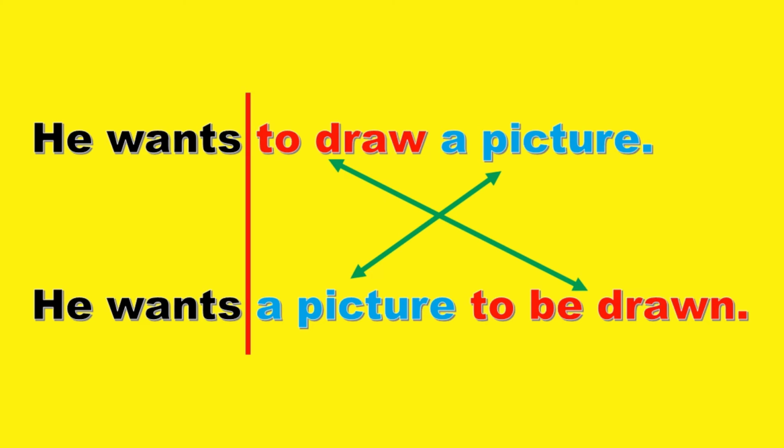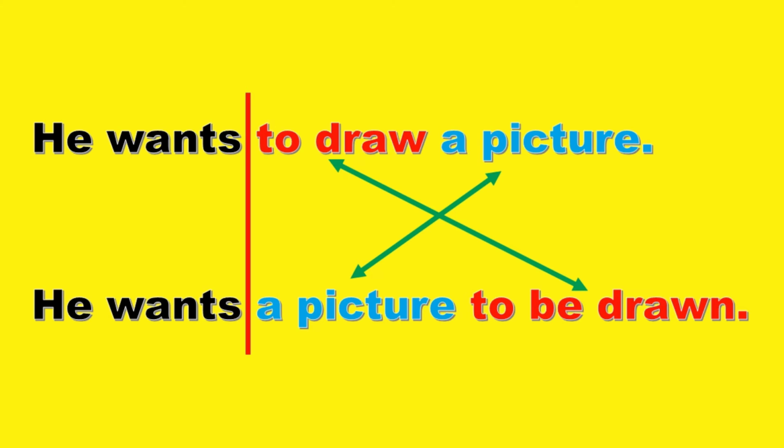Thereafter, the object of the infinitive, that is a picture, will come first, and the infinitive, which is to draw, will go next, and it will become to be drawn. So to draw, this is an active infinitive, has become to be drawn, and that is what we call a passive infinitive. So this way we transform a sentence with infinitive from active voice to passive voice.